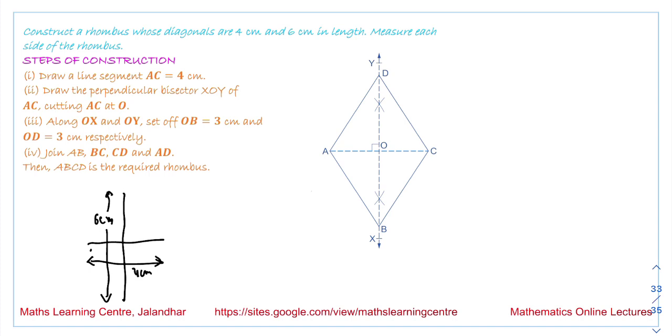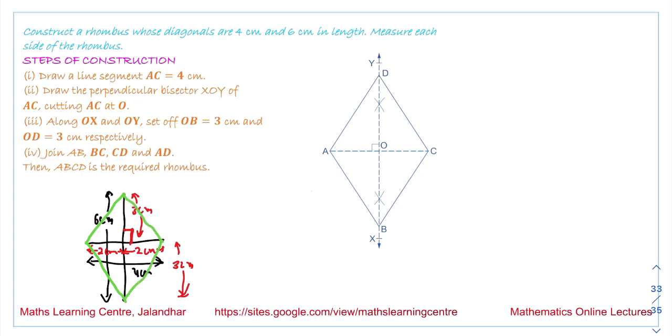Now we know that the diagonals of a rhombus bisect each other at a 90 degree angle. So this length is 2 centimeters, this length is 2 centimeters, this length is 3 centimeters, and this length is 3 centimeters. And this angle over here is 90 degrees. If we join these points, we will obtain the required rhombus.